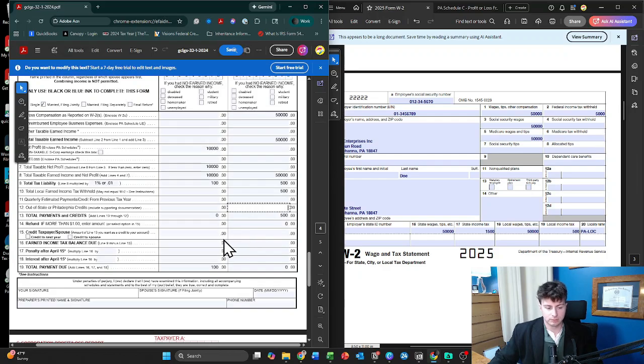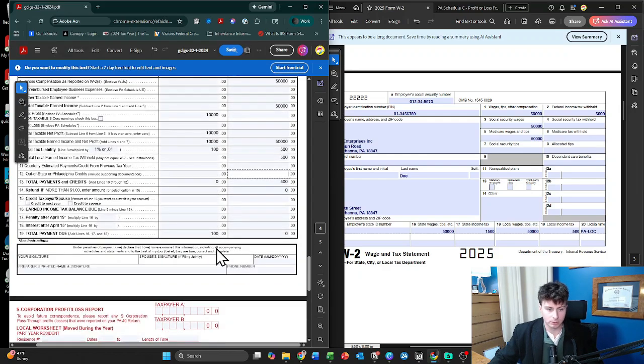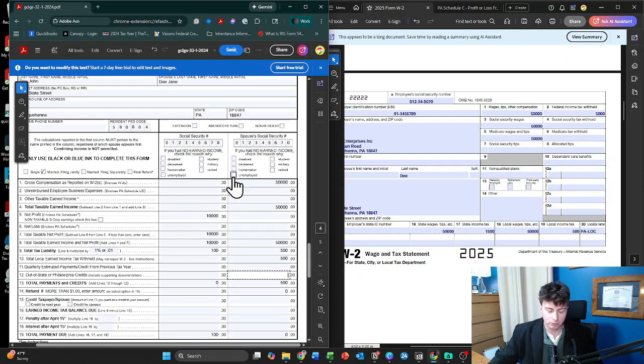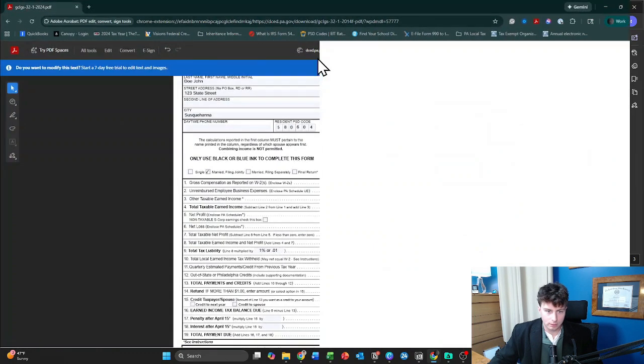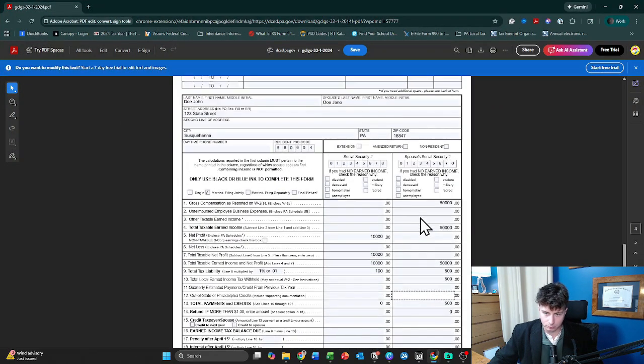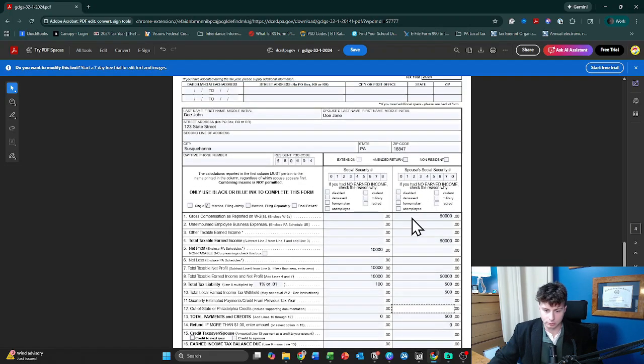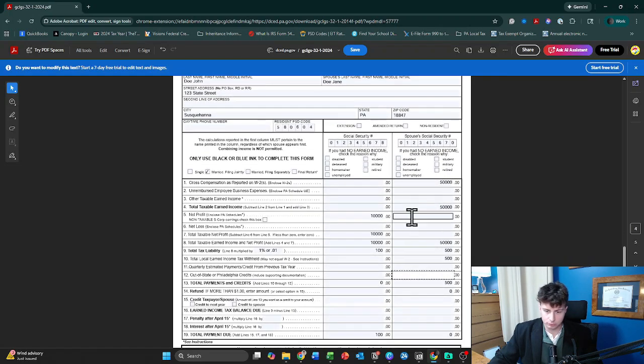So as we can see, he is going to owe $100 on his local earned income tax return, and she is not going to owe anything regarding her tax return here. So I'll just make this bigger so everyone can see it. This is what your return should look like if you have business income and just W-2 wages.